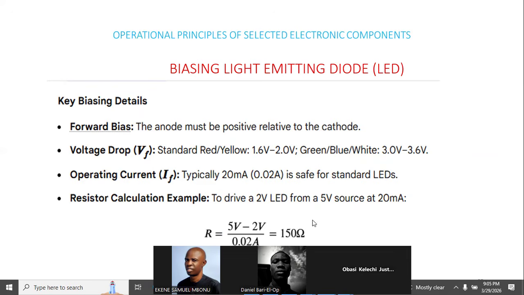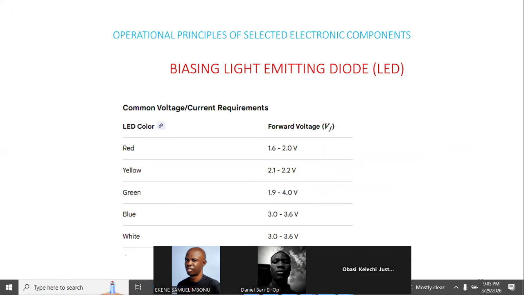If you want to increase the current, then you can substitute the value of the current you want to use here so that your resistor value will decrease further. And then this is the table for different colors of LED. They don't have the same forward voltage. Red has the least, followed by yellow, followed by green, followed by blue, followed by white.